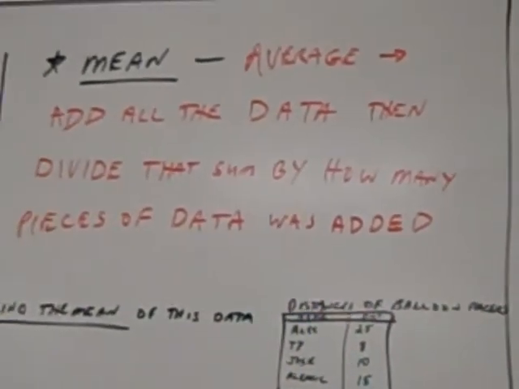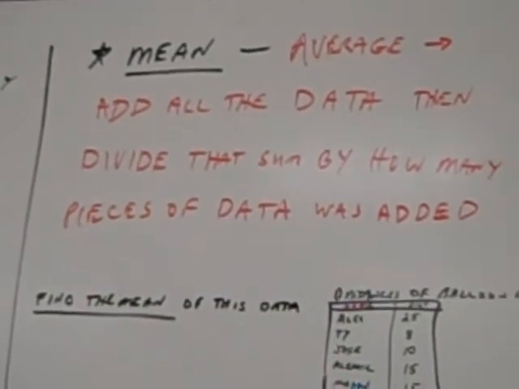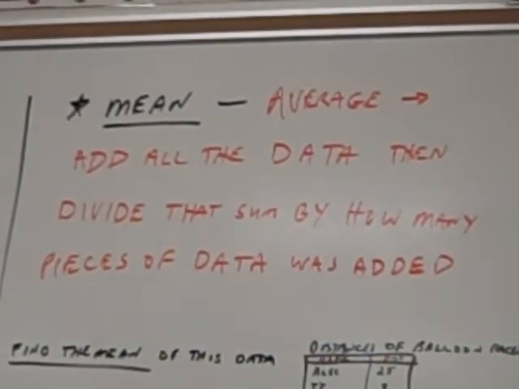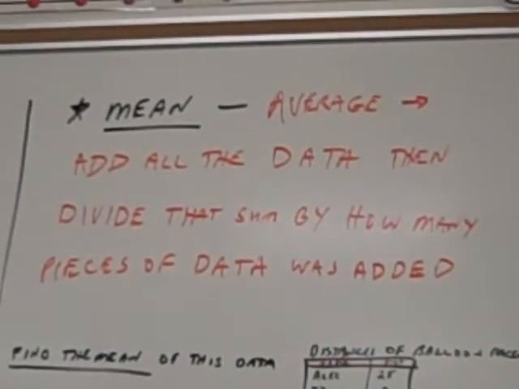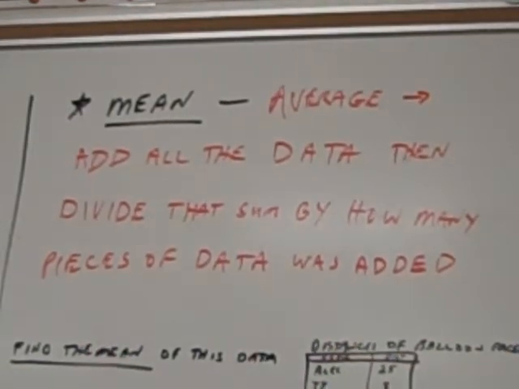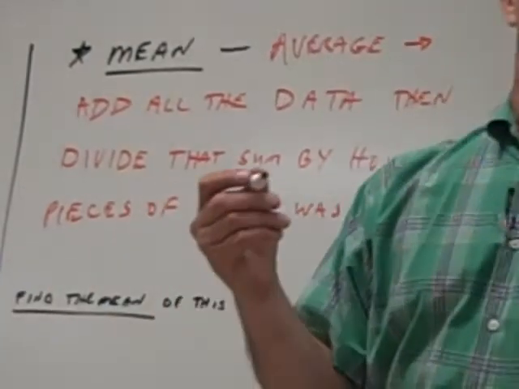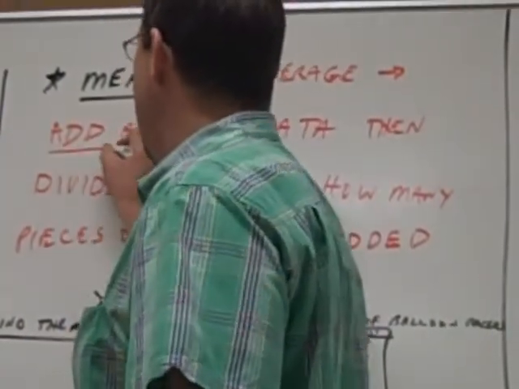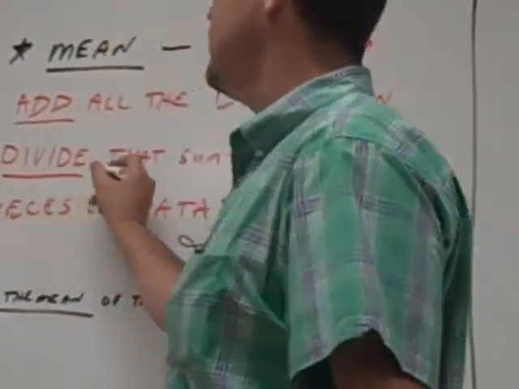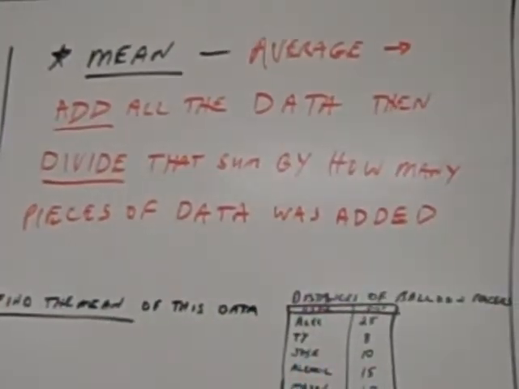However many you added, that's what you divide by. So the mathematical process for finding the mean, which is a fancy word for average, is to add, then divide. Two processes.